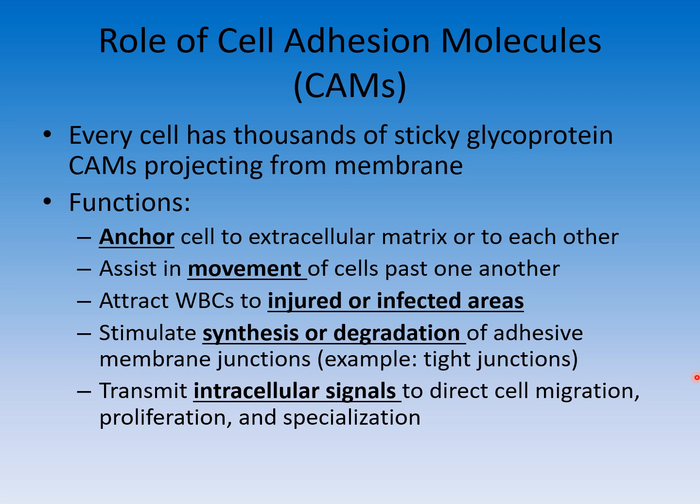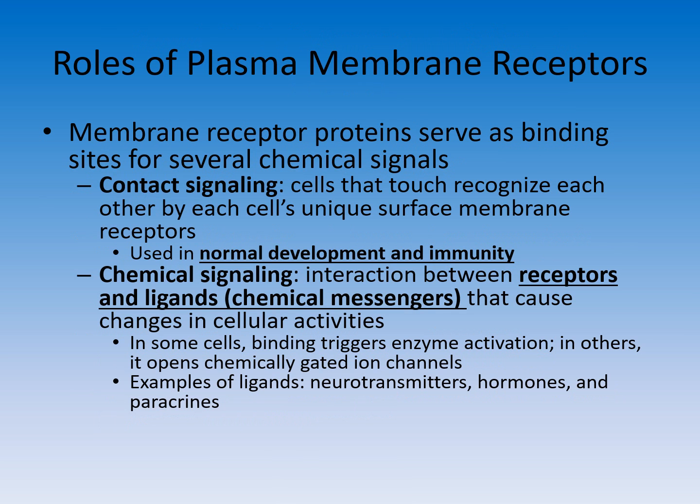When there is an injury, it will help to attract white blood cells to the site. It helps to stimulate both the synthesis or the degradation, depending on circumstances, of some of your junctions, like your tight junctions. And they can also help transmit signals to help with cell movement, cell specialization, etc.